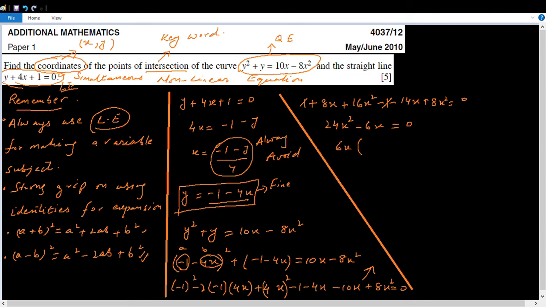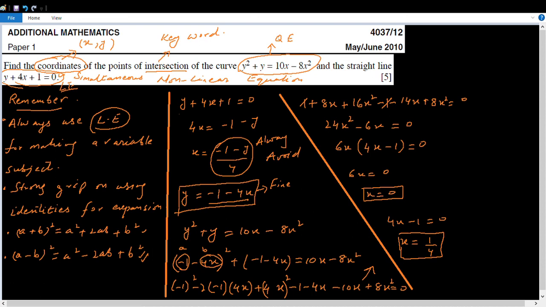If you take 6x common, 6 4s are 24, 4x minus 1 equals 0. So here you get 6x equals 0, which will give you x equals 0, and 4x minus 1 equals 0, which will give you x equals 1 over 4. So we have obtained two values of x.